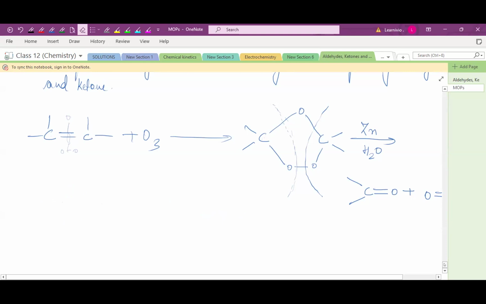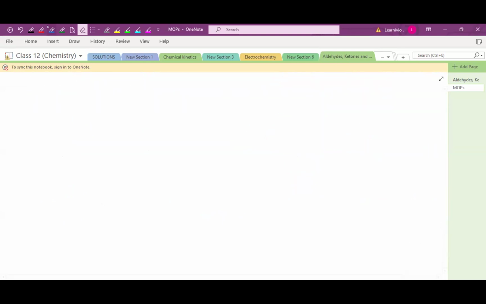Okay, now let's do some questions on this. First question, if I give you CH2 double bond CH2, first step O3, ozonolysis करना है, and second step zinc in the presence of water. Now write the product.